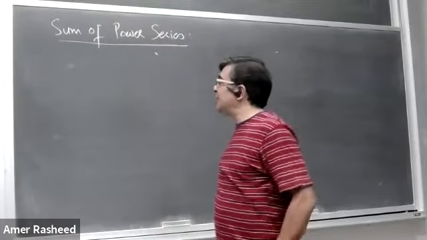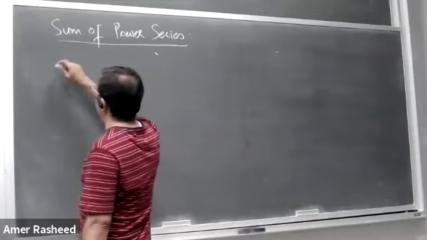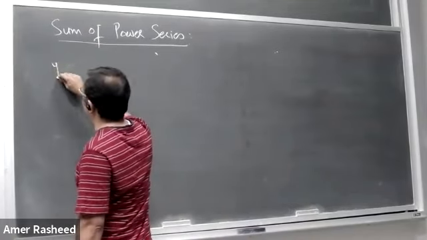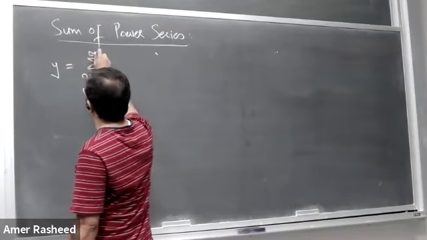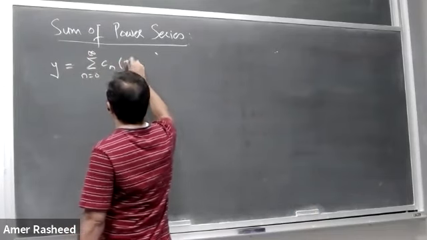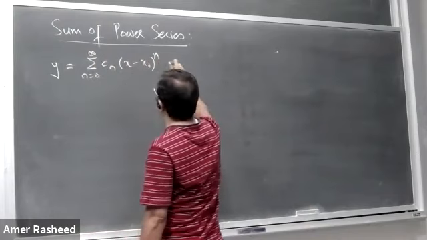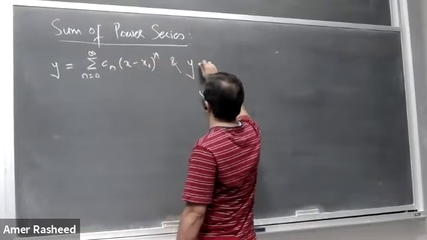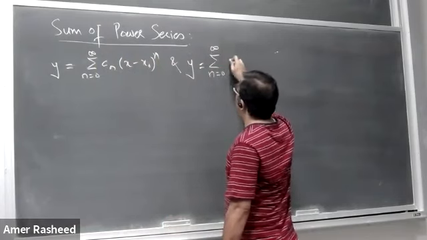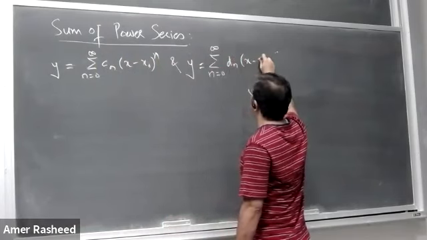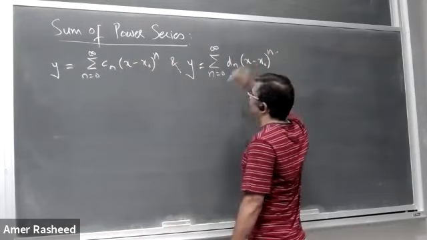Sum of power series. Let us say we have two power series: y is equal to summation n from 0 to infinity, cn times (x minus x naught) raised to power n, and another power series y is equal to summation n from 0 to infinity, dn times (x minus x naught) raised to power n.